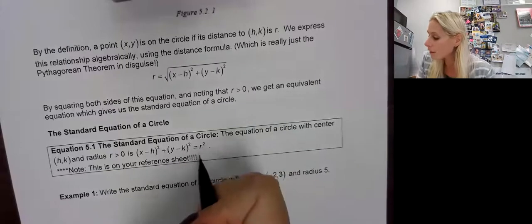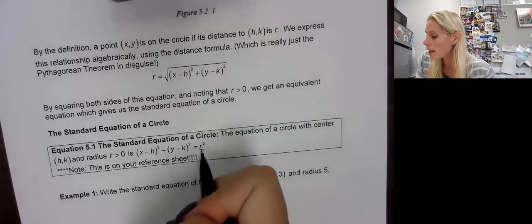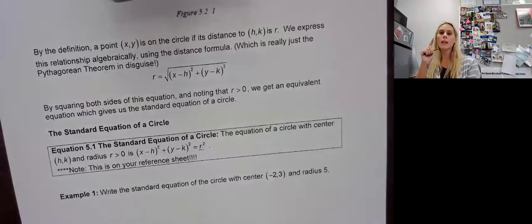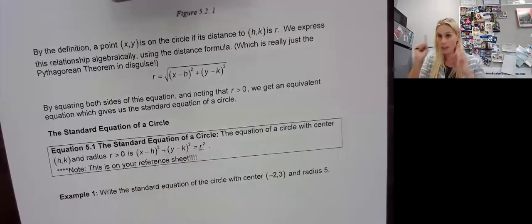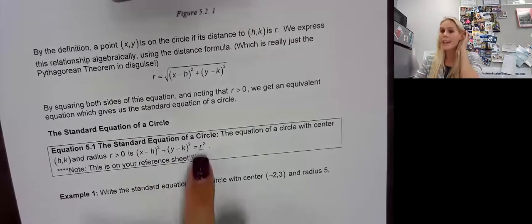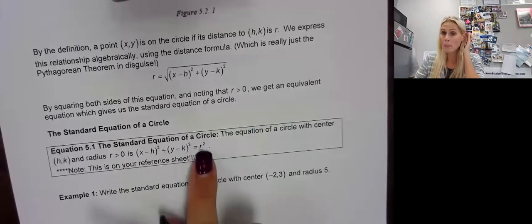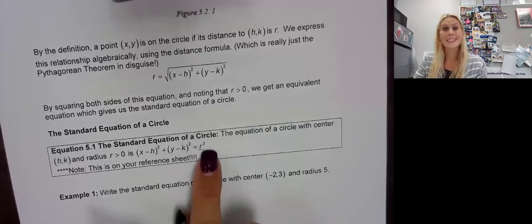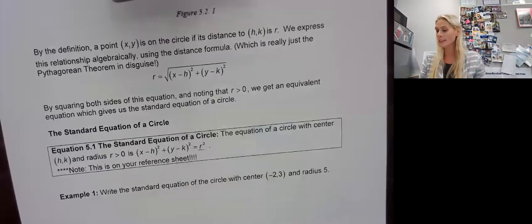Now, this is very important. Remember that when you do the equation of a circle, of course, with h and k, you've got to think of opposite, right? But here's the biggest part where people mess up. This number at the end is not r, it's r squared. So watch out for that stuff, okay?